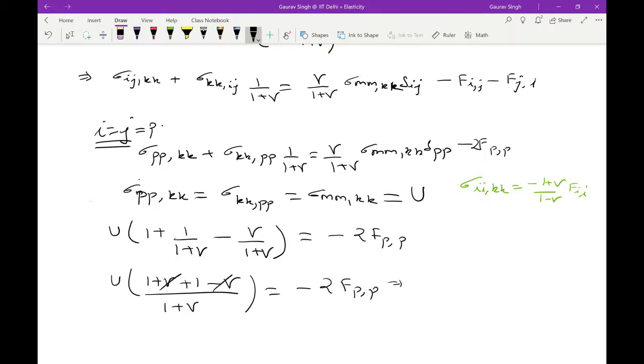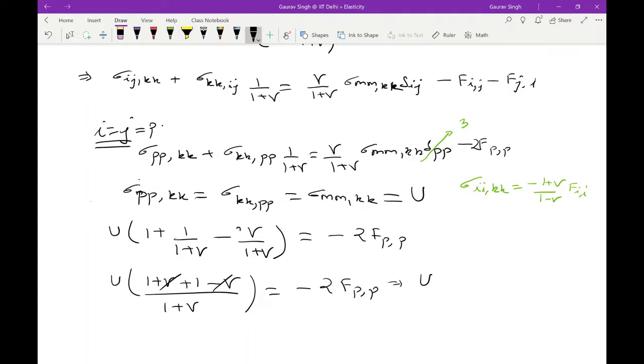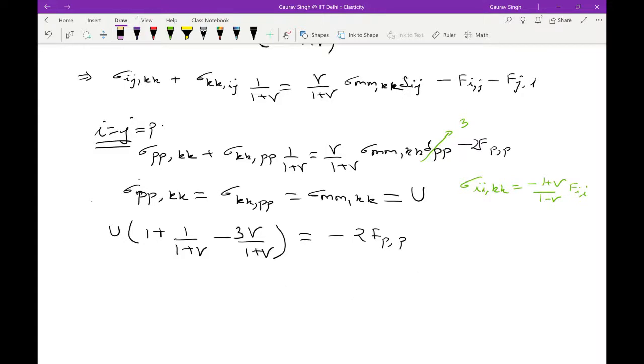Okay, this gets cancelled. So we have u times of, hold on, there should be something else. Yes, there is this thing hiding over there which is actually 3. So u into 1 plus nu plus 1 minus 3 nu over 1 plus nu is minus 2 f p comma p.